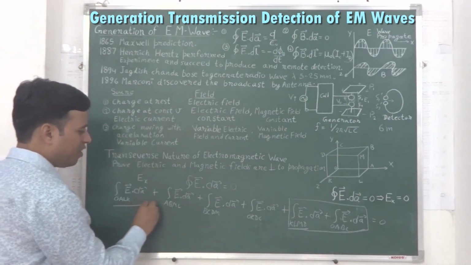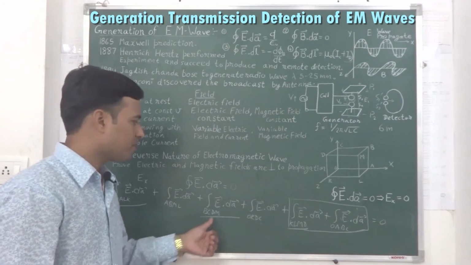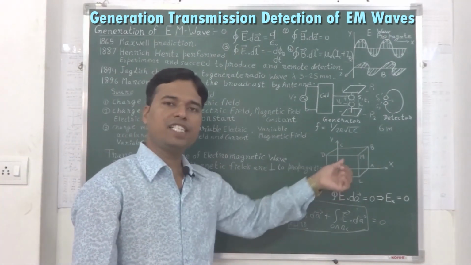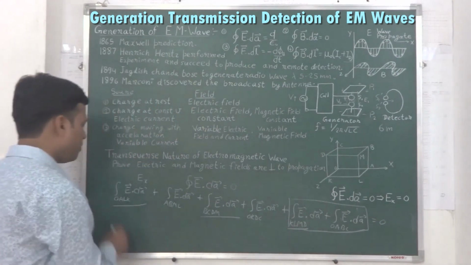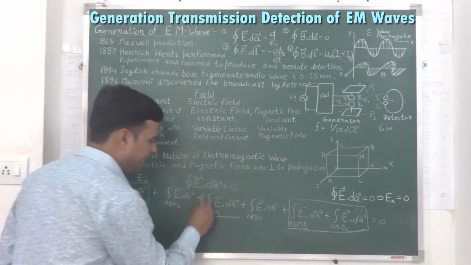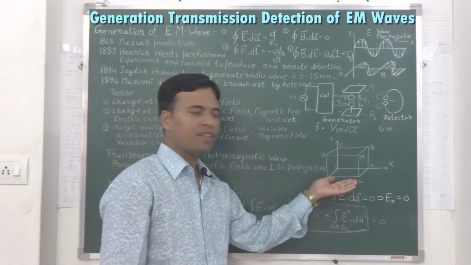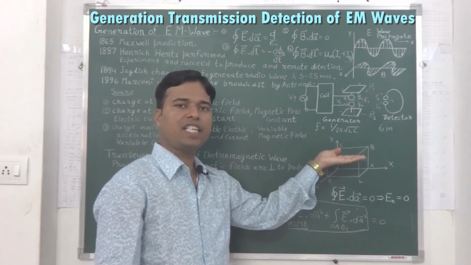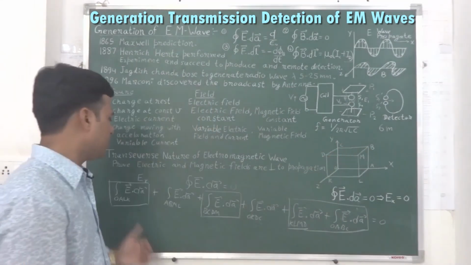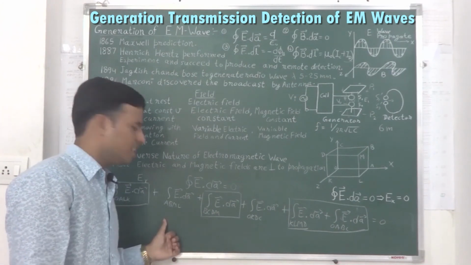The value of electric field will be same. The area value is also same for these two faces. So the electric flux incoming from the first surface will outgo from the second surface without any change. So these two parts will also cancel each other.